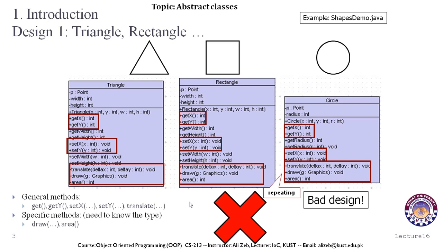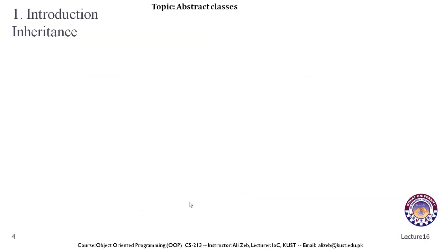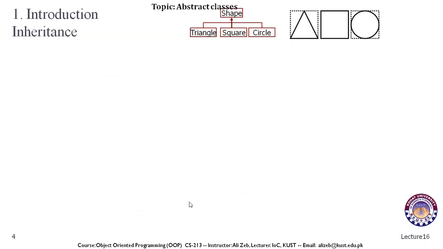That will reduce our programming and designing effort. We can use inheritance, and in inheritance what we do, as we have seen previously, is combine the common details of the classes into a common class that becomes the superclass.